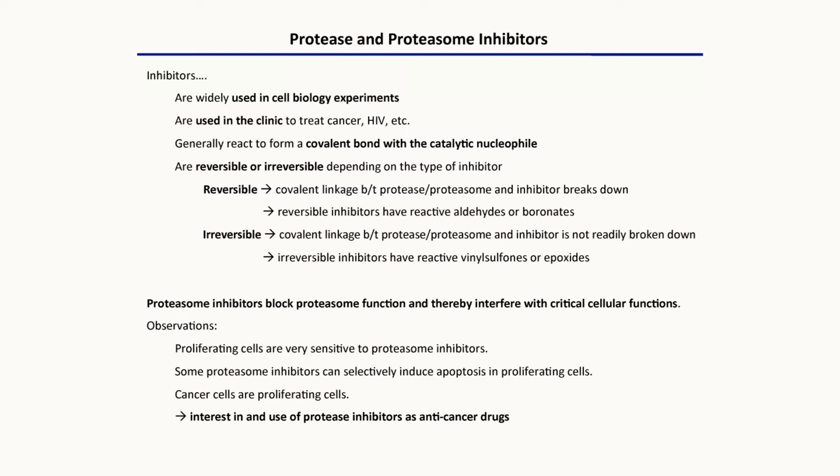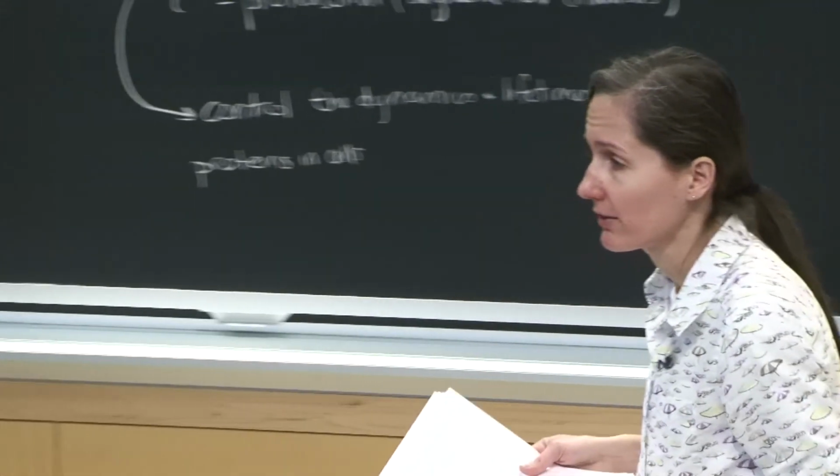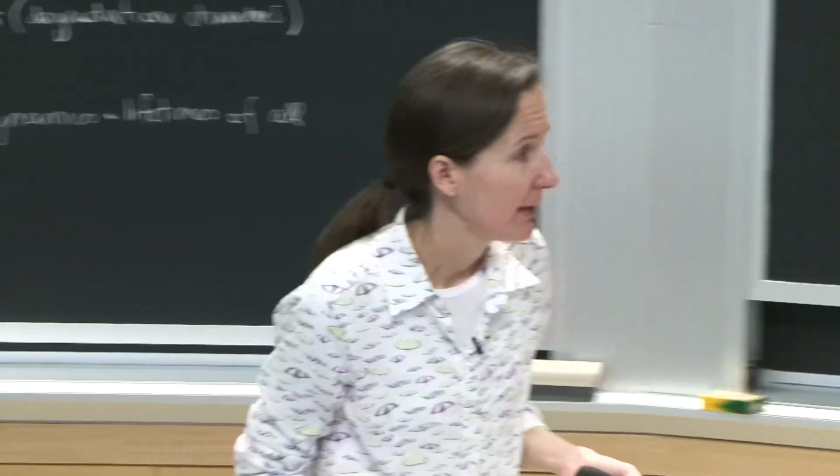And so irreversible inhibitors include vinyl sulfones. And if you go back and look at that little excerpt from C&E News about this molecule that's inhibiting the proteasome of malaria, you'll see that it has a vinyl sulfone on its terminus here. Epoxides are also employed. Okay, and generally, if we have inhibitors that block the function of a protease or a proteasome, they're going to interfere with many critical cellular functions right here.